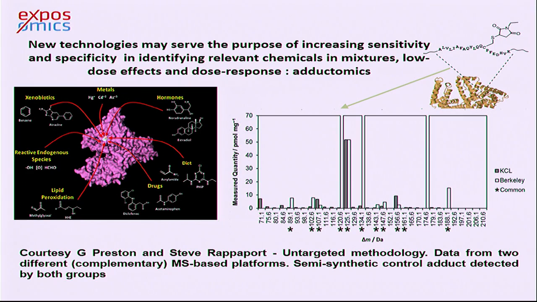They can allow you to identify, for example, new chemicals that are in the air adducted to albumin. So far, we have measured 2,000 samples in adductomics by David Phillips. We have also parallel studies which are smaller in Steve Rappaport's lab.